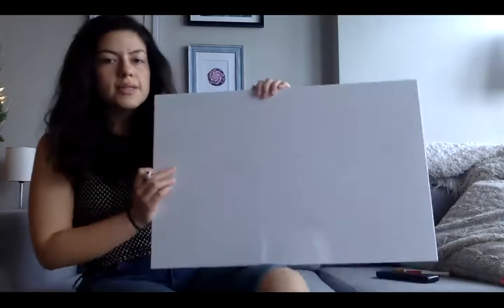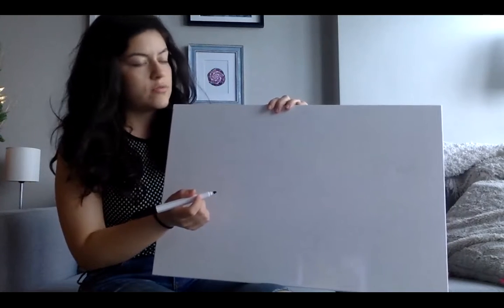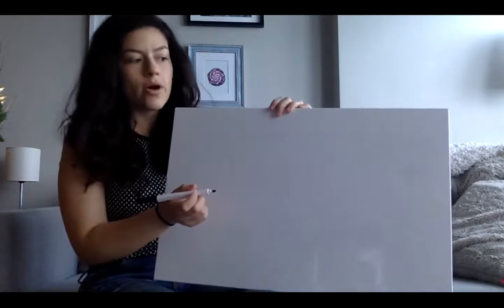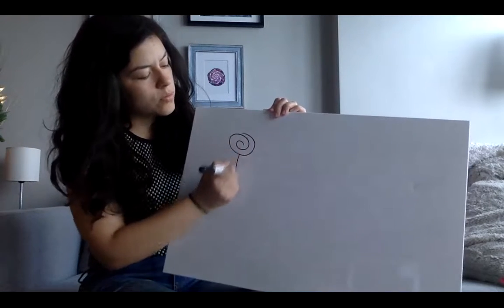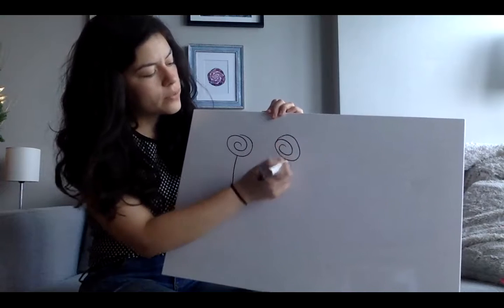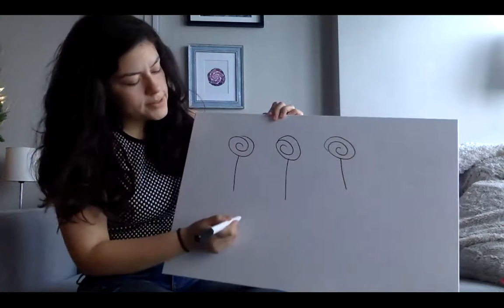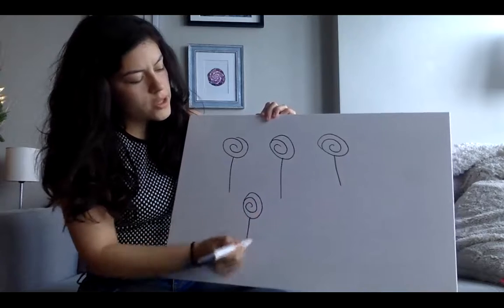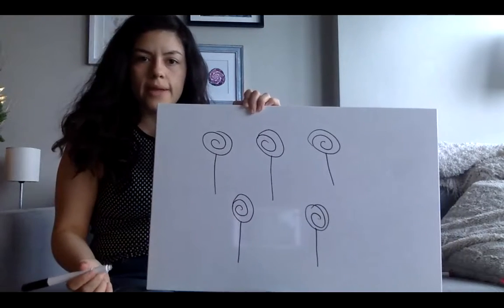All right, so let's pretend that one day Annabelle went to the circus and she bought 5 lollipops. 1 lollipop, 2 lollipops, 3 lollipops, 4 lollipops, and 5 lollipops, okay?